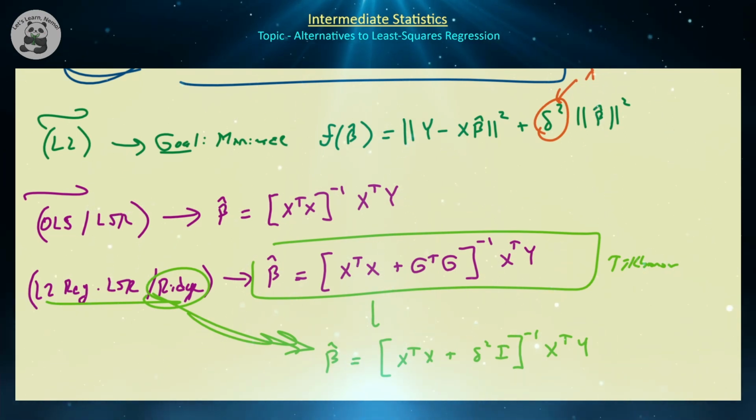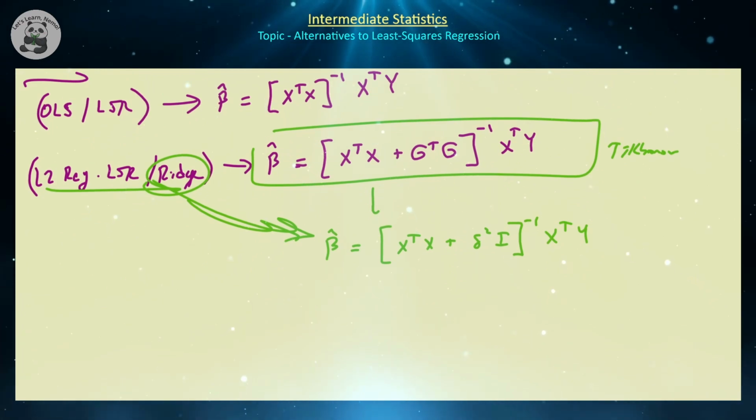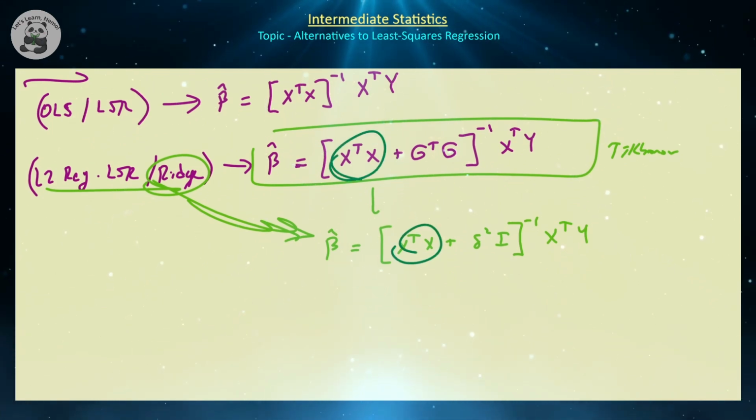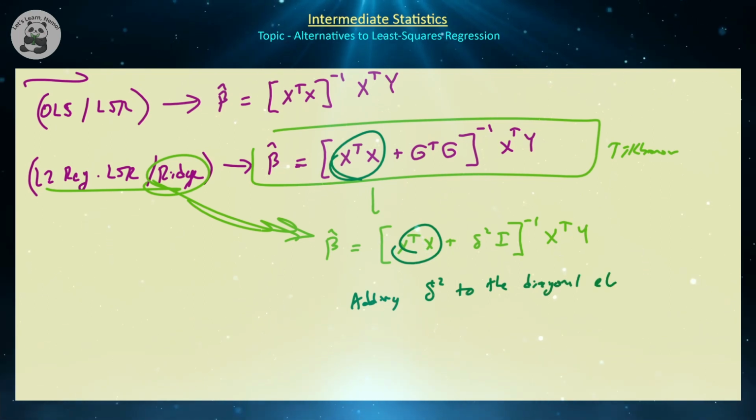When you choose your G to be equal to delta squared I. So what exactly are we doing to our original matrix that we had before? What we're doing is we're adding delta squared to the diagonal elements of X transpose X. And when we invert that new X transpose X matrix, since those numbers are bigger, the values on the diagonal of the inverse should become smaller and smaller.